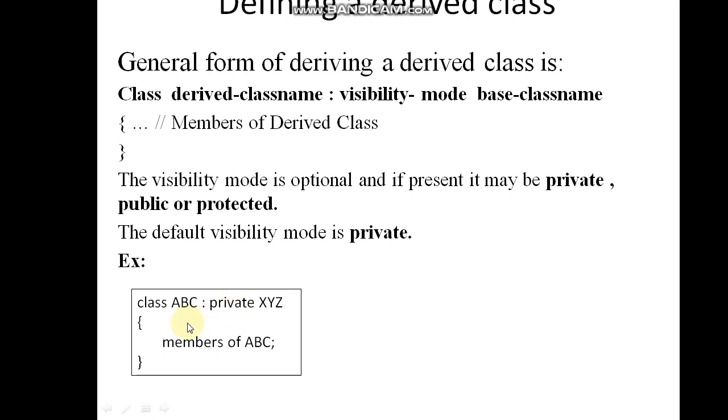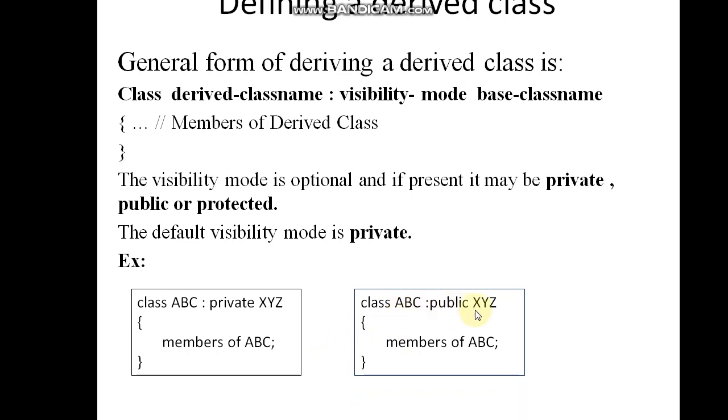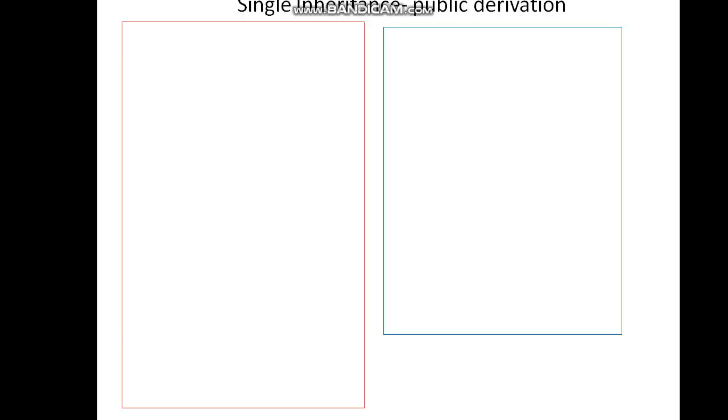Along with the derived members, ABC can have its own members. Another example where we are deriving the properties of XYZ into ABC publicly. Now, we will see an example of single inheritance using public derivation.